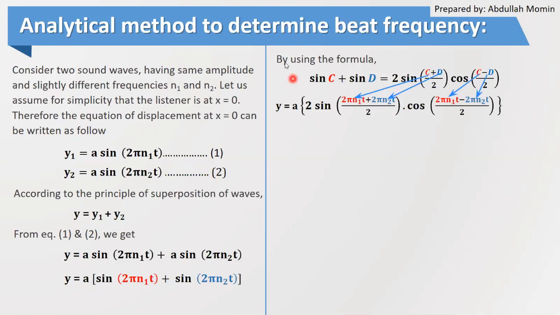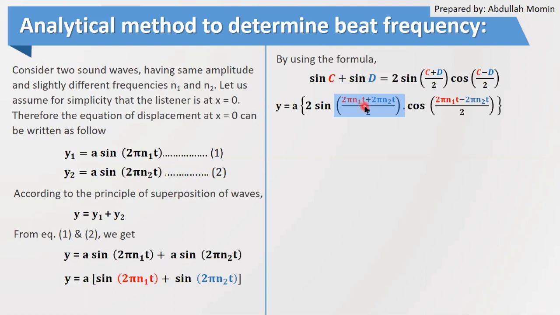Now we will simplify this equation. In this round bracket, what are the common terms we are getting? In the numerator, we have 2 pi n1t plus 2 pi n2t, and 2 pi is common, so we will write 2 pi on the left hand side of the bracket, and t is also common, so we will take it outside the bracket to the right.